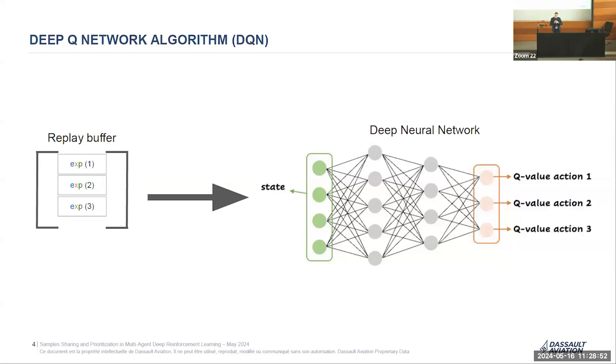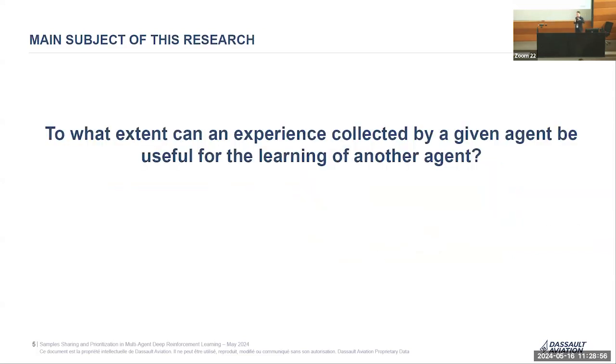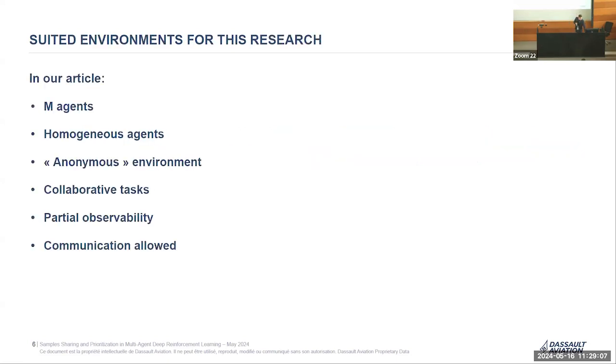And the idea is to wonder how we can efficiently share experiences among agents so that learning is better, to learn better policies. As multi-agent systems are a very broad research area, let's focus a bit more on what we're working on. So we are considering M agents that have to collaborate on a certain task.